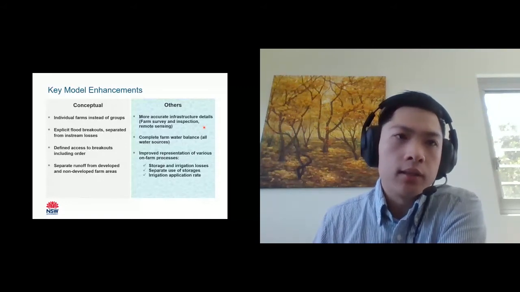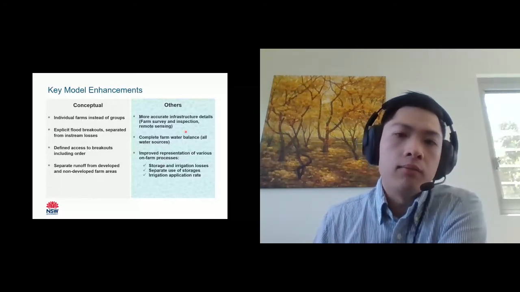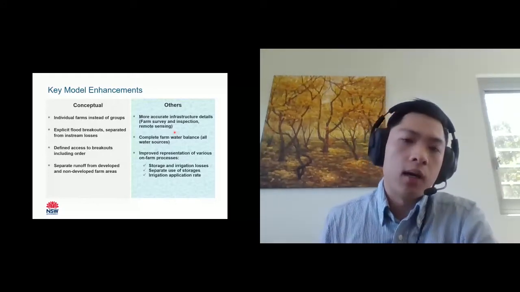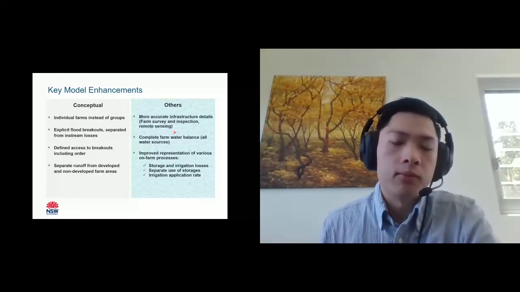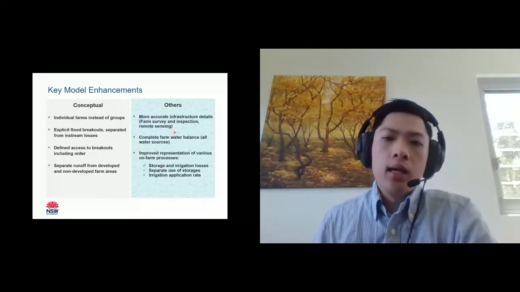As part of this upgrade, we're also able to have a more complete representation of farm water balance. So we are considering all water sources that are available at each individual farm. Some farms might have access to groundwater, some farms might have access to unregulated creeks. Those things are more detailed in this new set of models.